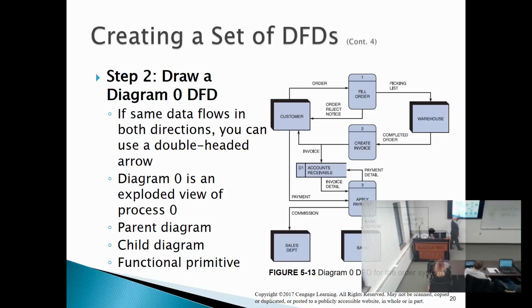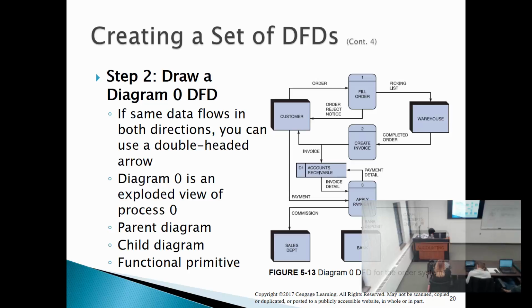As we begin to take each of these processes and explode them, we will turn them each into a separate diagram. So we have the context diagram and then this first level diagram, but as we go below this level, typically the diagrams start getting too cluttered, so we break them into separate pages, separate diagrams.